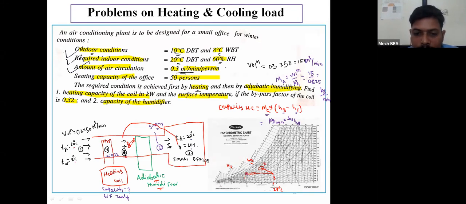So the capacity will be in terms of kilojoule per minute. But they have asked us to find the capacity of heating coil in terms of kilowatt. So whatever kilojoule per minute answer you are getting, you have to convert it in terms of kilojoule per second. That will be your answer in terms of kilowatt. So that is how to find the value of capacity.